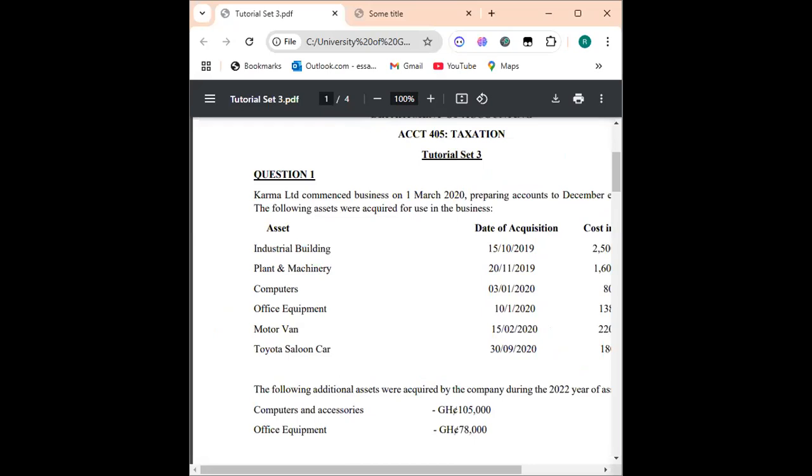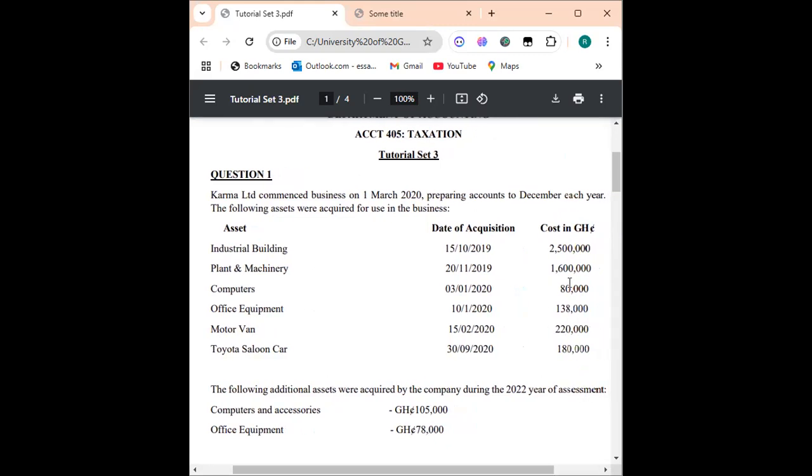So in pool one, we recognize that computers are here. Computer was what? 80,000. So that's the 80,000 here.